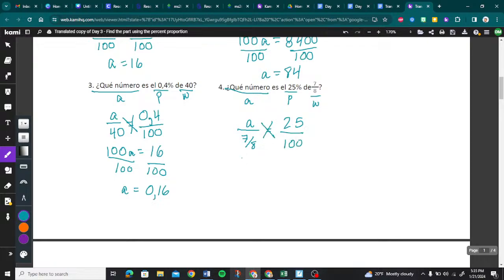Cross multiply. 100A equals 25 times 7/8. 25 becomes 25 over 1, so we can just multiply across. 25 times 7 is 175 over 8.